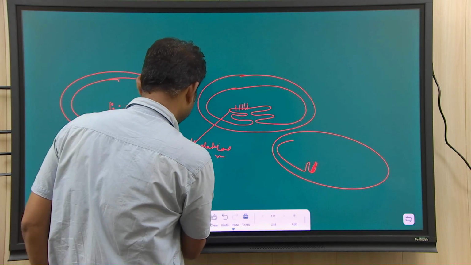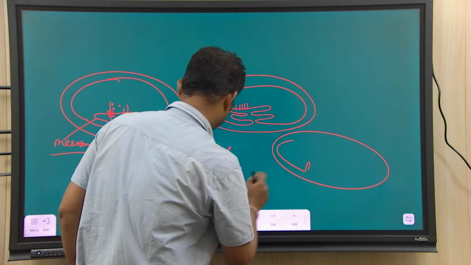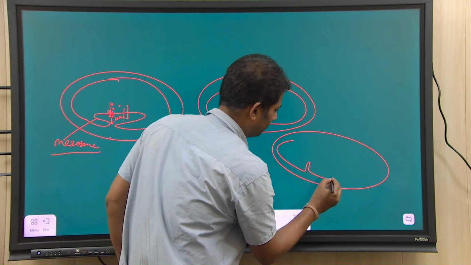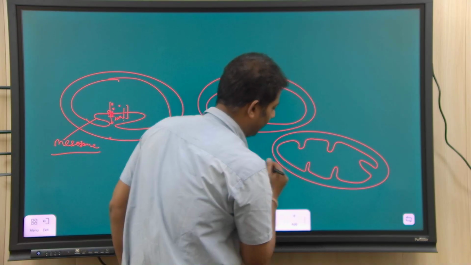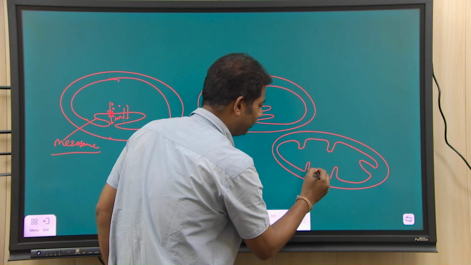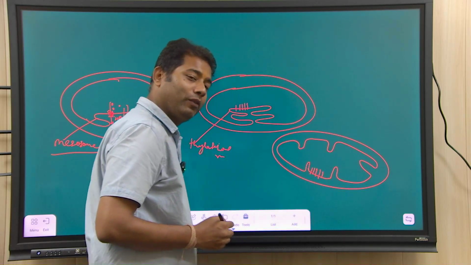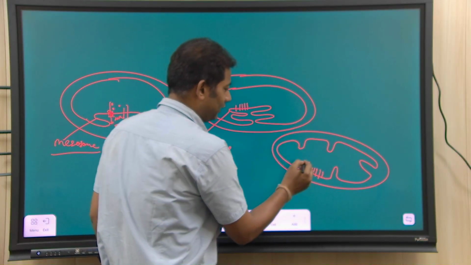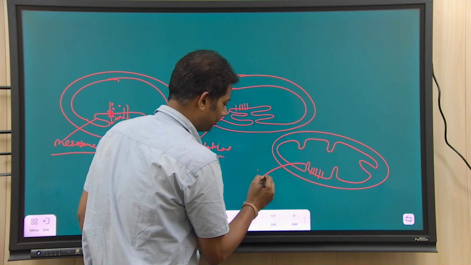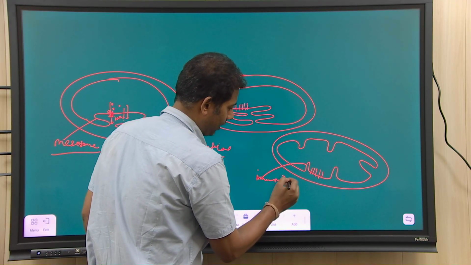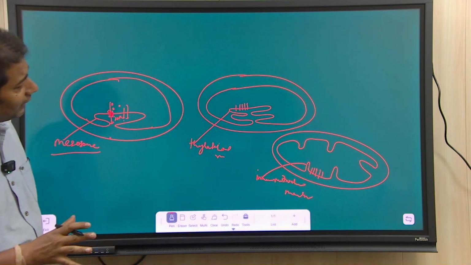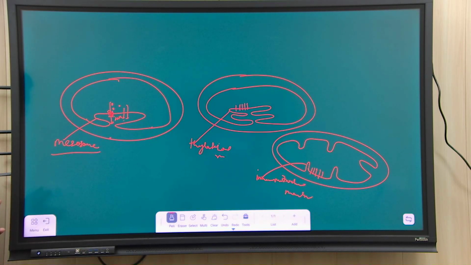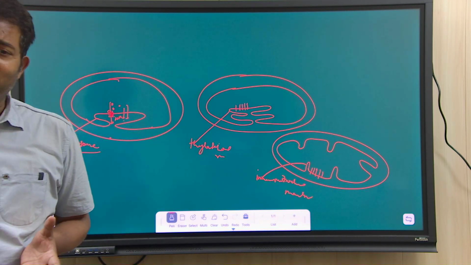Energy is created, a gradient is created across this membrane and ATP is generated. That is the inner mitochondrial membrane. So it is a similar mechanism in all three types of organelles and the bacterial cell. We observe the gradient is created across the membrane and ATP molecule is generated.